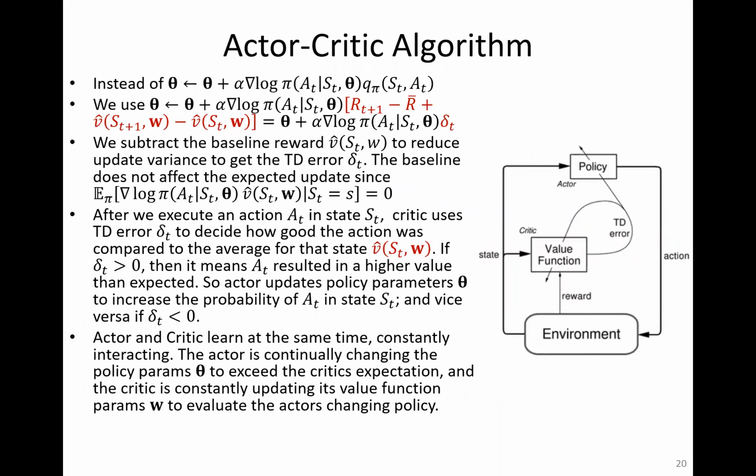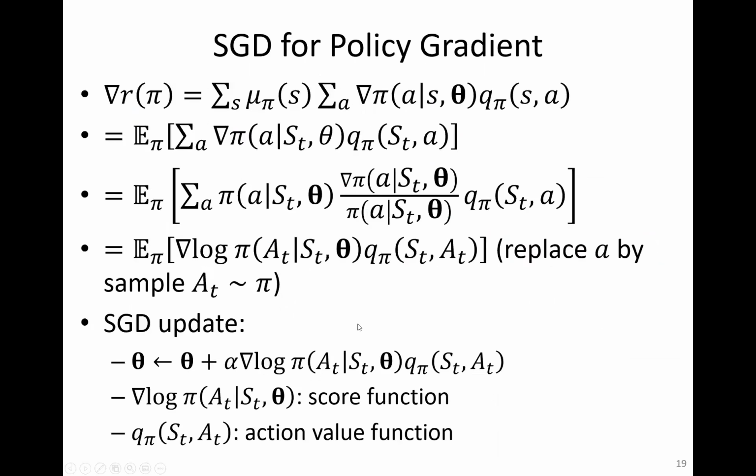So the actor-critic algorithm. We saw this formula before, the Q pi. If you had all the Q values for every state, then it's nice.